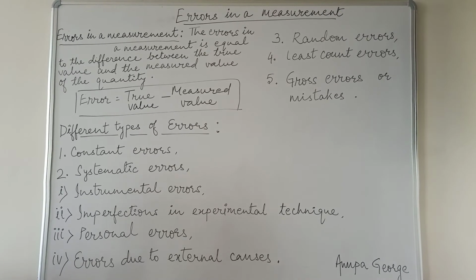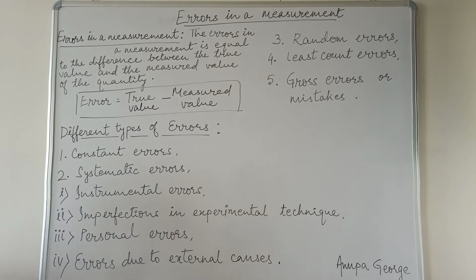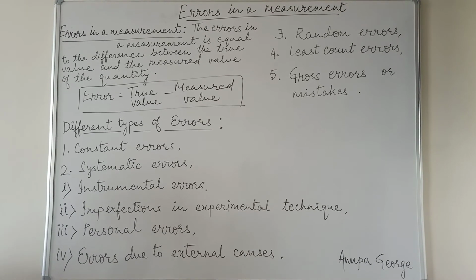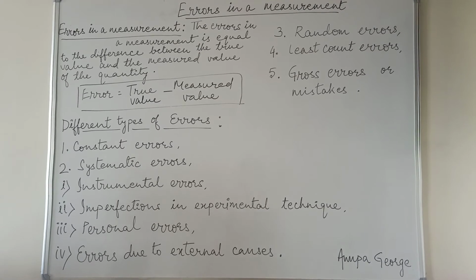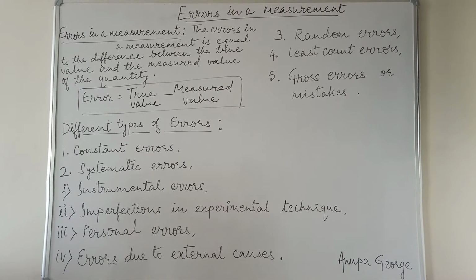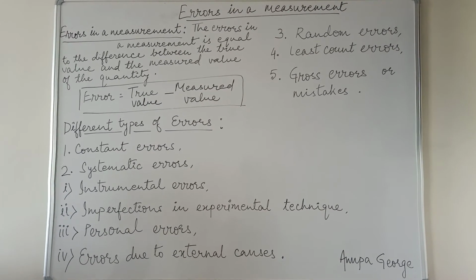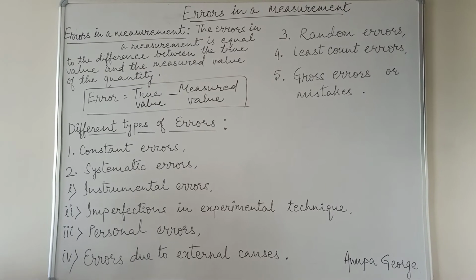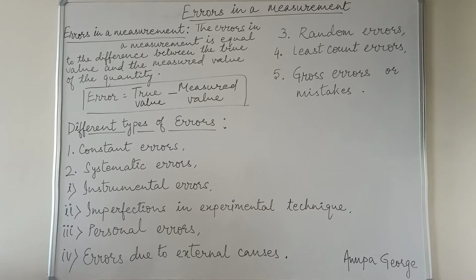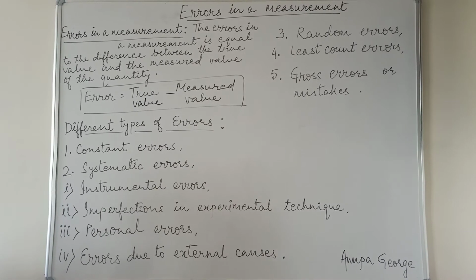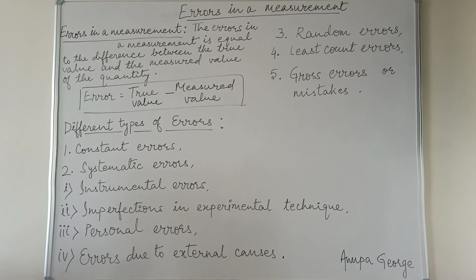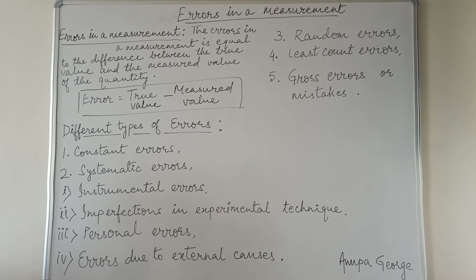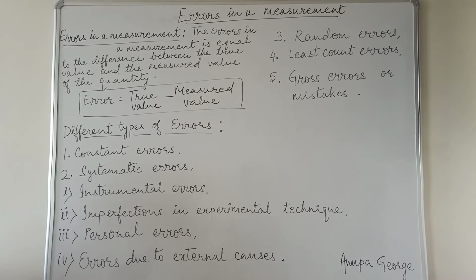For example, if a person repeats the observations a number of times, he may get different readings every time. Random errors have almost equal chances for both positive and negative errors. Hence, the arithmetic mean of a large number of observations can be taken as the true value of the measured quantity.